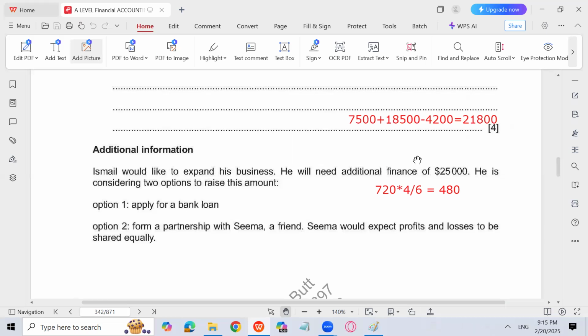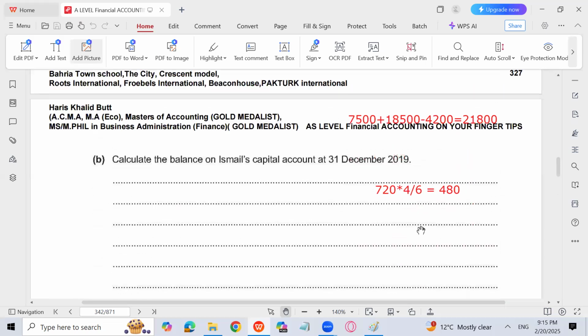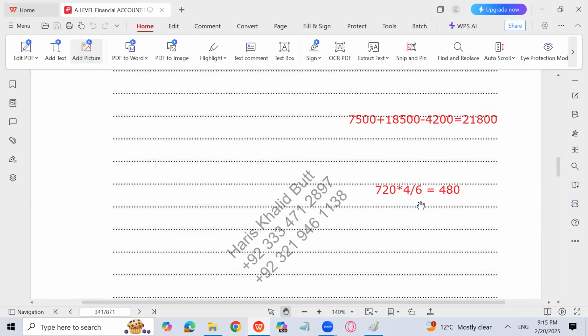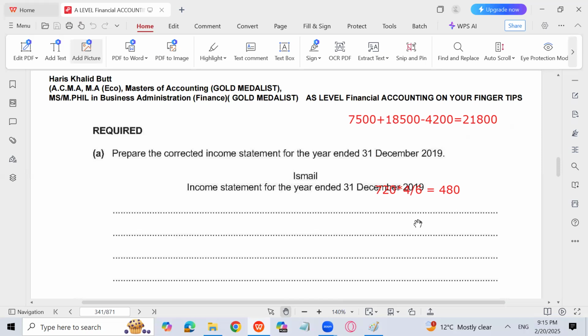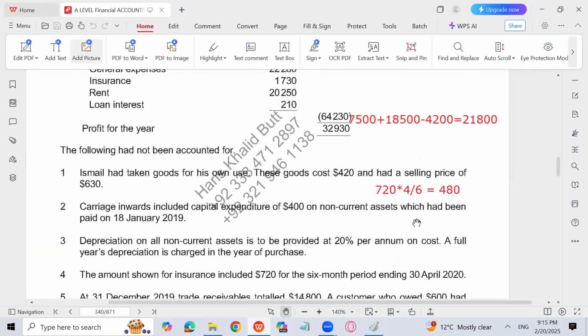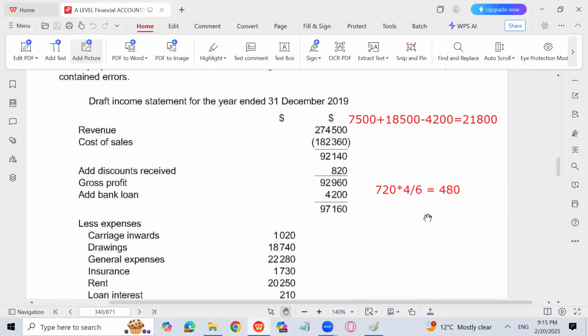These things will also help the business, workload will decrease, and losses will be shared in the future if something happens that way. So we will take option two to answer this particular question. So we are done with that.